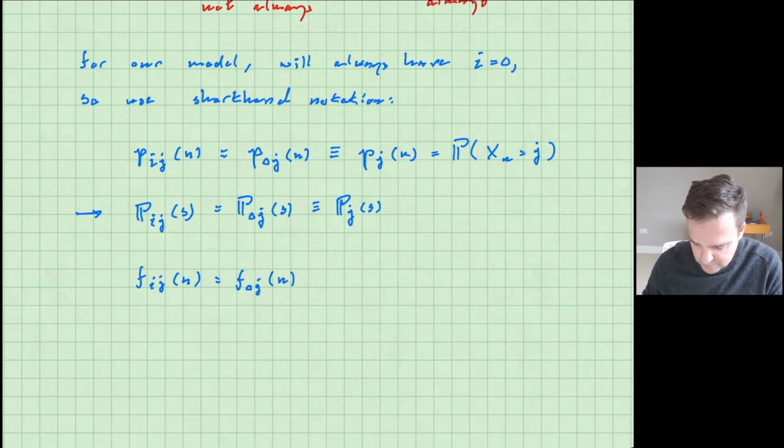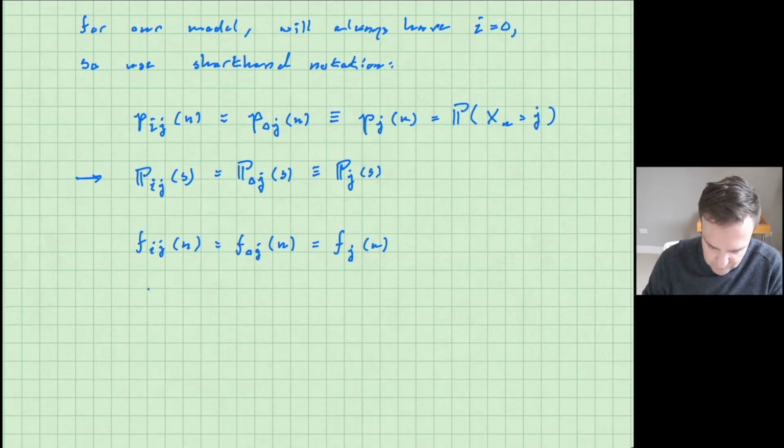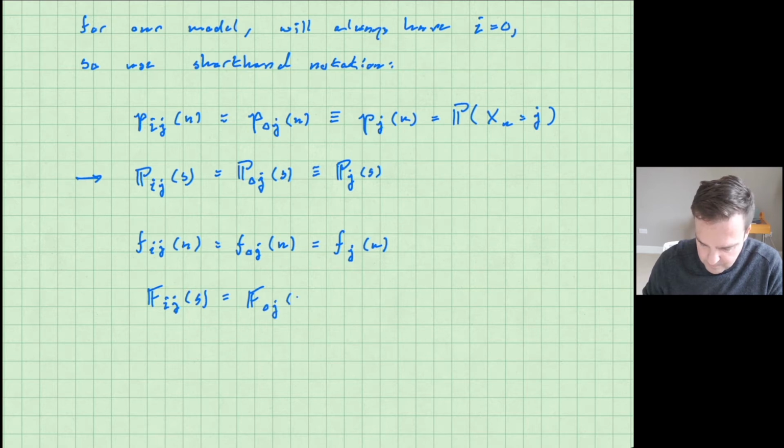We'll always take that initial state to be 0, and so this we'll just call fj of n. So lastly, we're going to introduce fij for the generating function, and that's meant to be an s. My writing is a mess today. And so we'll just call this f with one index.